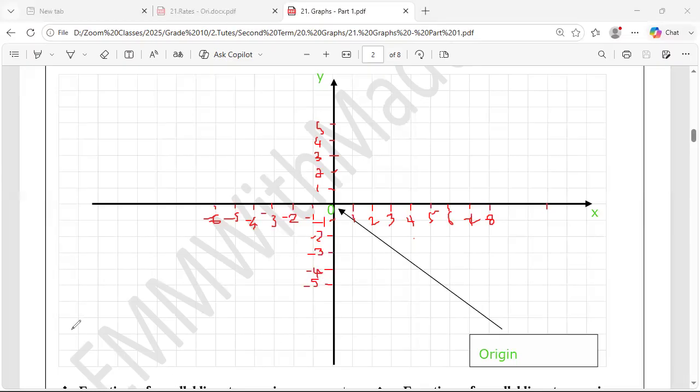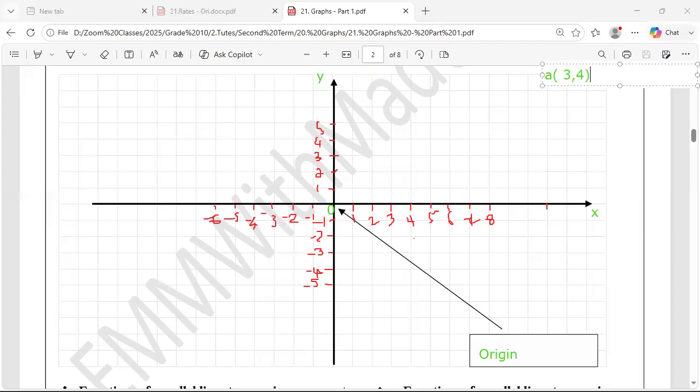So now this is what we have to do in part A. Mark point A. So where is my point A? Point A means 3, 4.